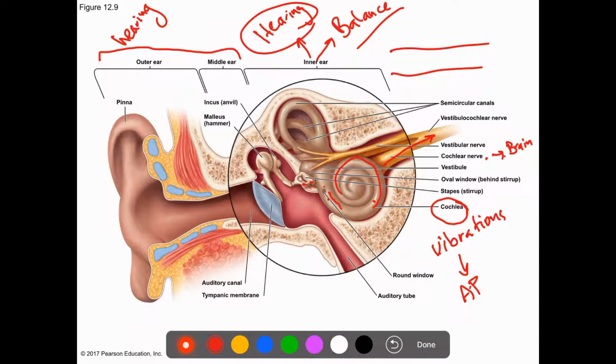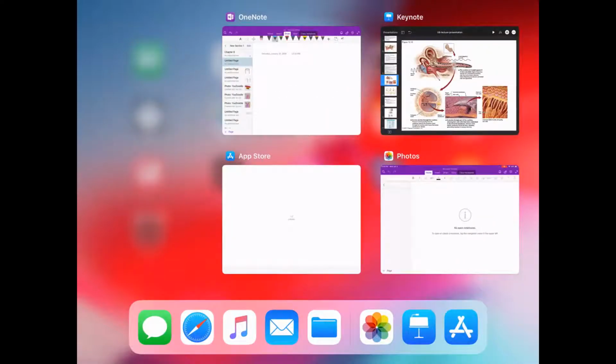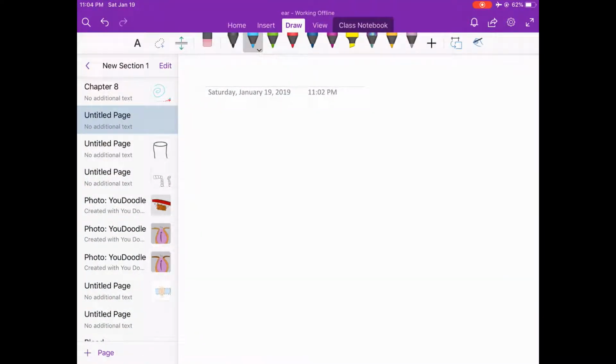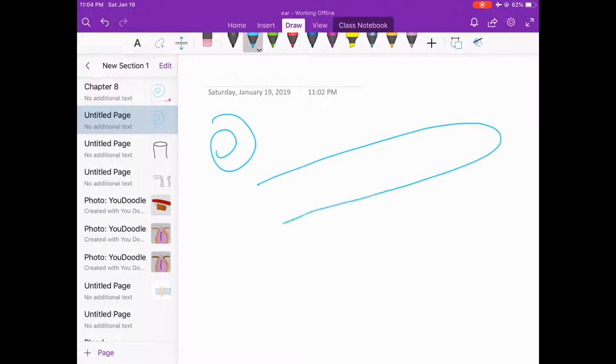This long tube has an inner canal. Actually, I will draw it here. So this is the cochlea. As we said, this is like a spiral organ, like a snail. So if we extend it, it will be a dead end from this side.